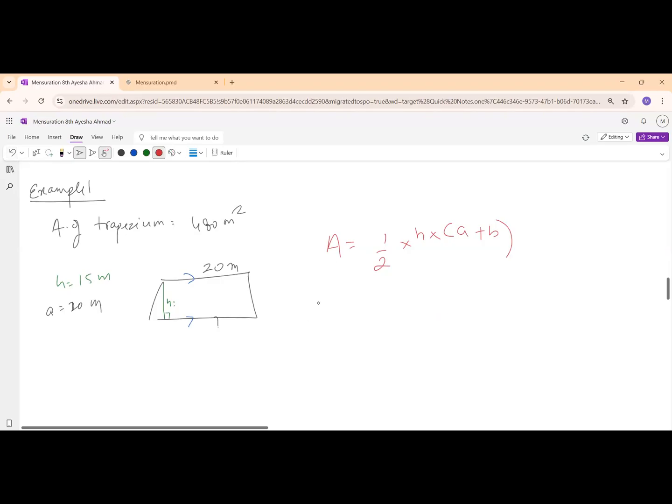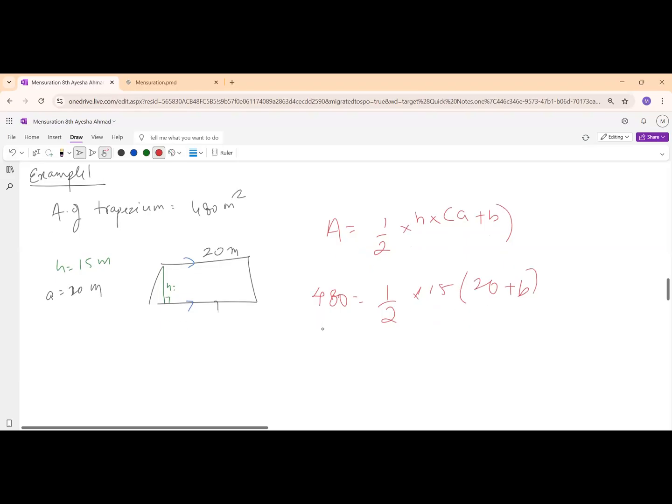So area is given as 480. Put 480 instead of area: 480 is equal to half into height, given as 15, into A, given as 20, plus B. Just find out B normally. Take the 2 there. So 480 into 2 is equal to 15 into 20 plus B. Take the 15 down.